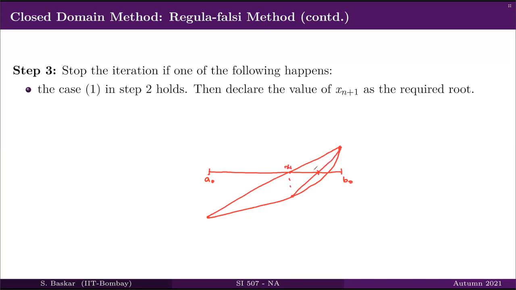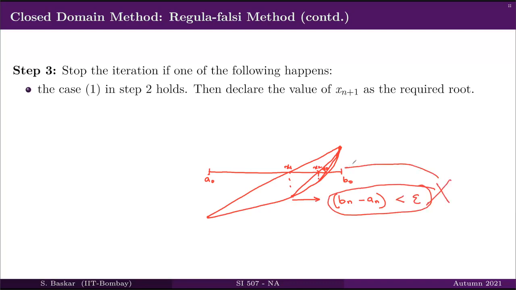This is your x1, x2, and now x3 will be like this. And you can see that your sequence xn will be moving in this direction, and it can never cross this and go and touch b naught. Therefore, bn minus an, if you look for this number to be less than epsilon, this can never happen in this case for a sufficiently small epsilon, right?